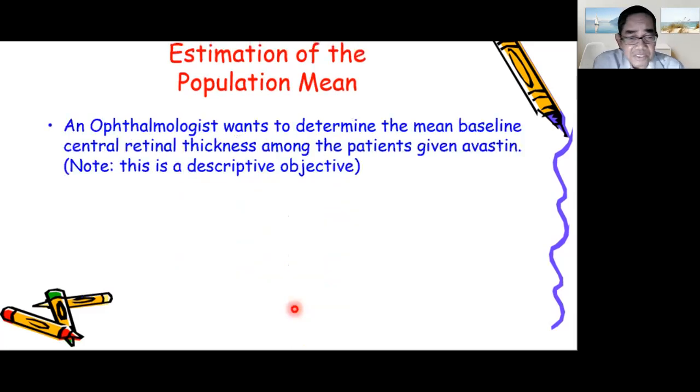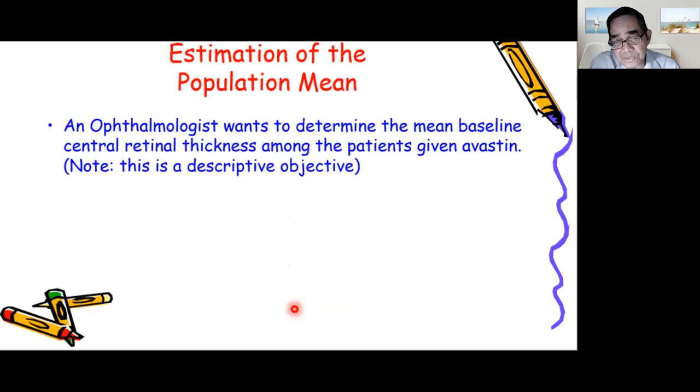Now, let's give an example. An ophthalmologist wants to determine the mean baseline central retinal thickness among patients given Avastin. And this is a descriptive objective. Mean baseline central retinal thickness among patients given Avastin.